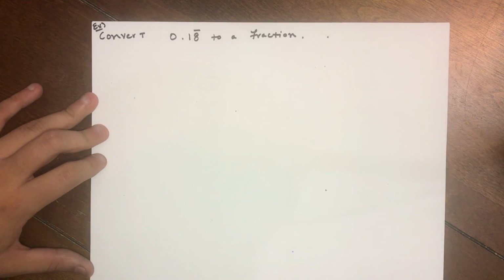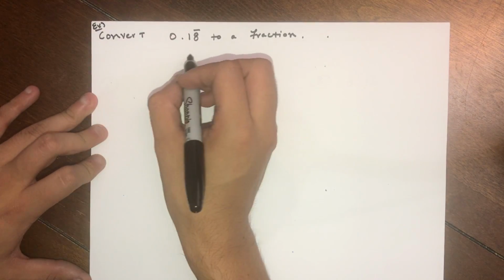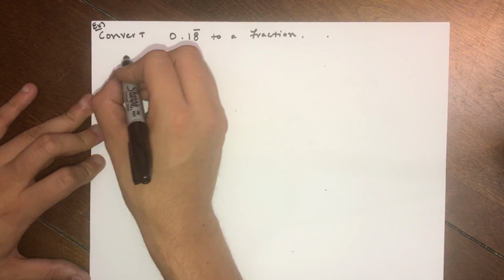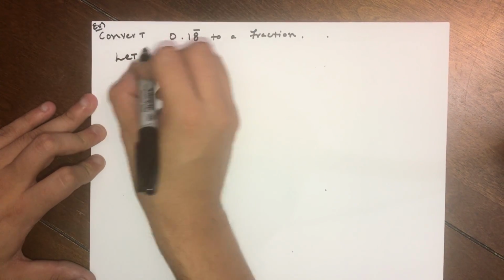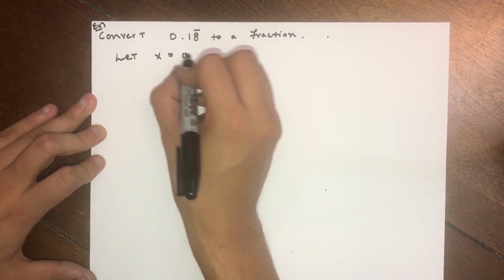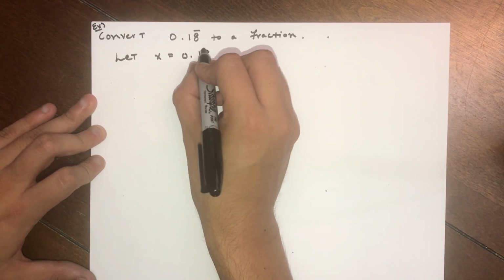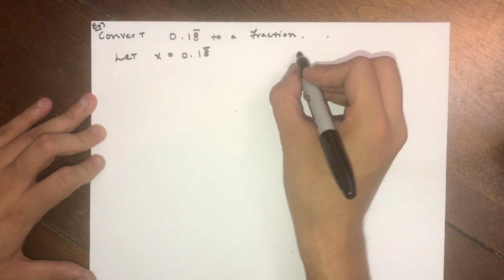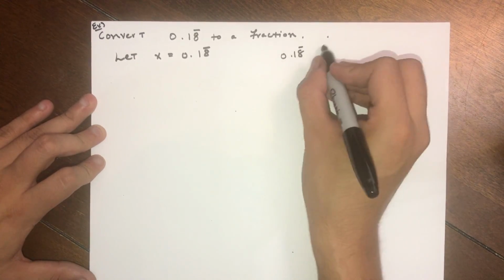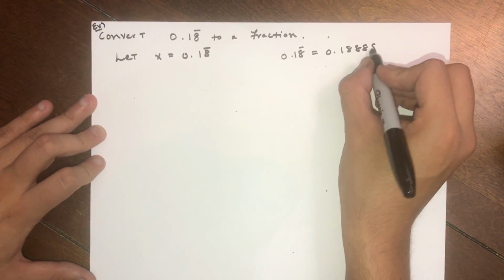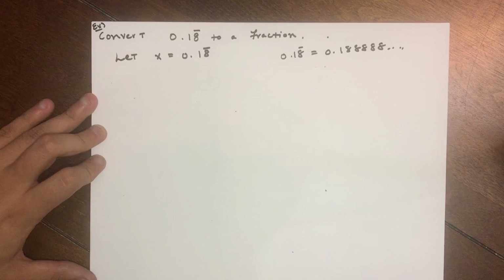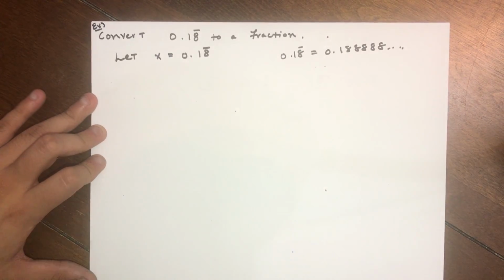The first step is always the same: you always let x be equal to 0.18 repeating, which looks like 0.1888888, because the bar is only over the 8.